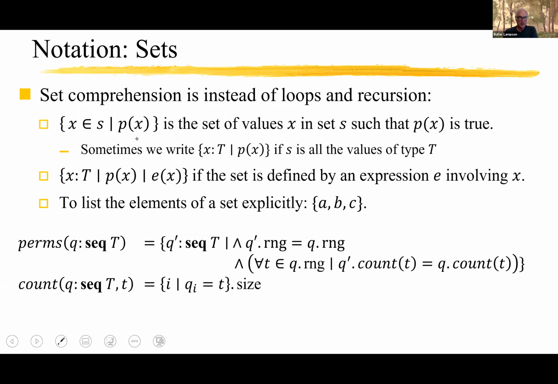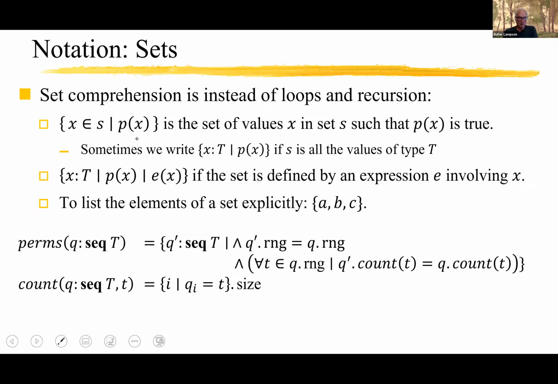And for every T in Q, the number of T's in Q prime is the same as the number of T's in Q. So that should give back a set which is all the possible permutations of the sequence Q. The reason I made this a sequence rather than a set is that there might be duplicate elements.